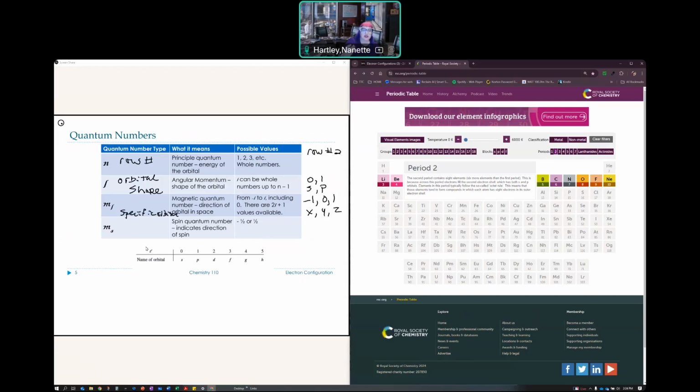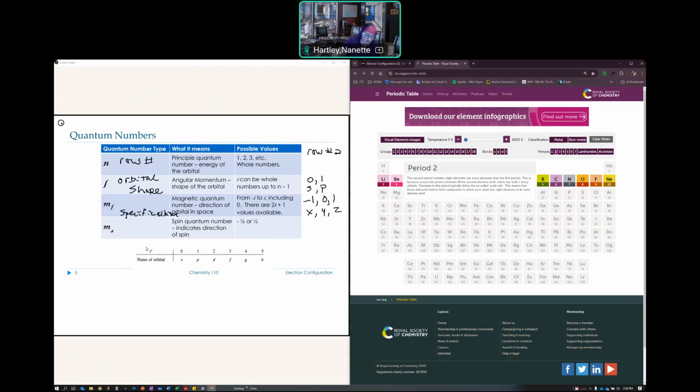So now we can look at this last one. It's my MS. We call it the spin quantum number, and it indicates the direction of the spin. Now, every electron has a spin to it. What that means is that all electrons spin.